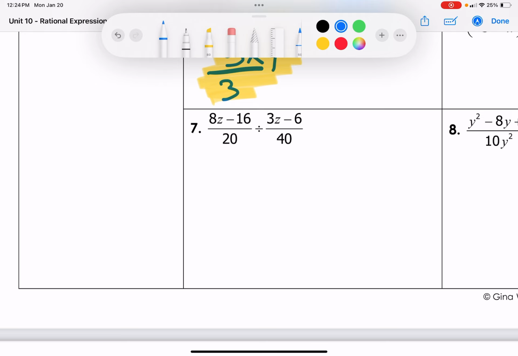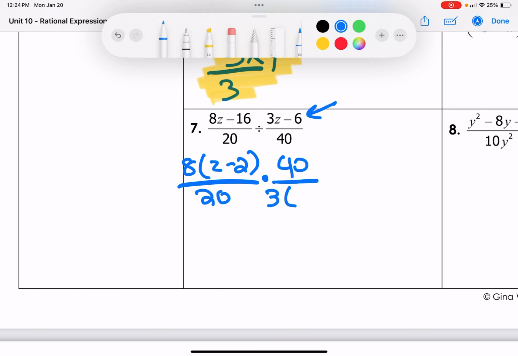An 8, right? It goes into both 8 and 16. So if I take out an 8, I'm left with z minus 2 over 20. Now I'm multiplying times the reciprocal. So when I flip it, I have 40 in the numerator, but I'm going to factor out the denominator. So I could take out a 3, and now I'm left with z minus 2.